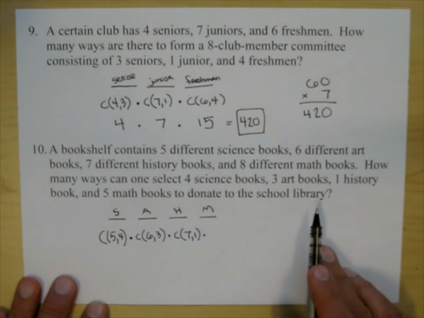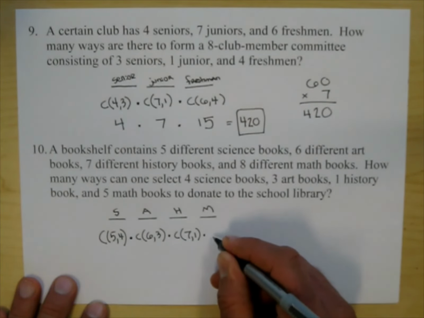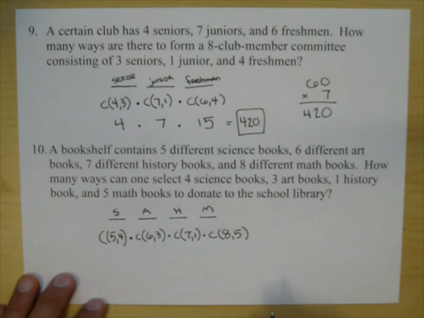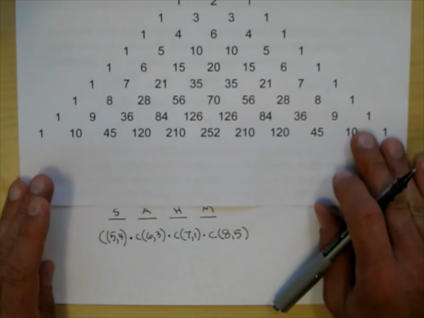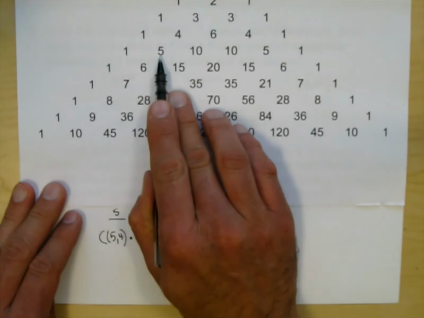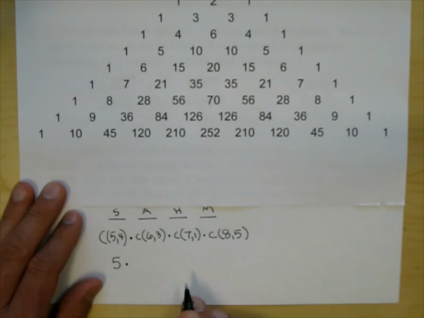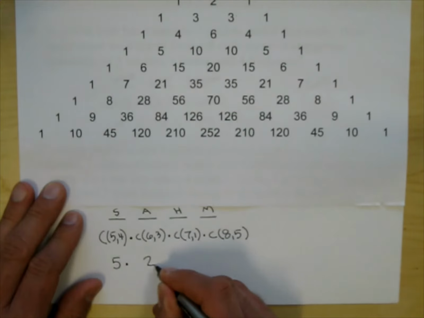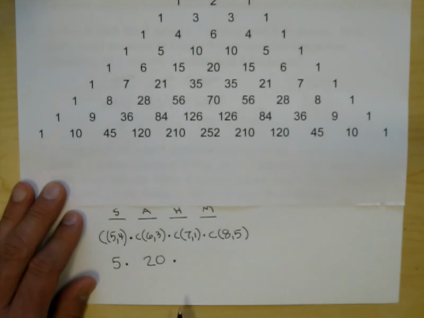And then math books, 8 choose 5. We turn this over to Pascal's triangle. 5 choose 4 is 5. 6 choose 3 is 20. So that's good news. The 5 times the 20 is going to be pretty sweet to multiply out.